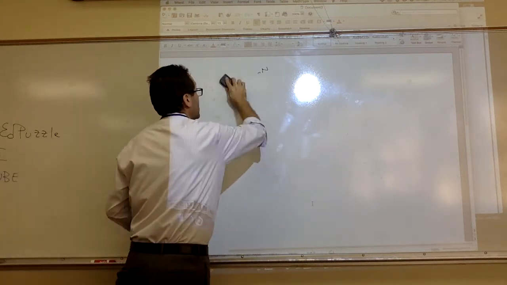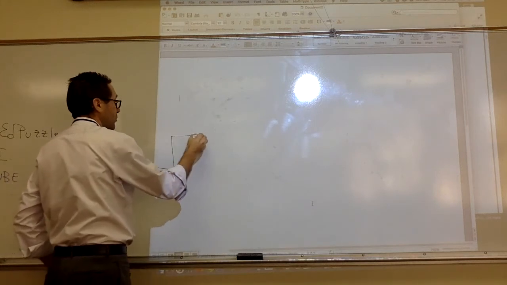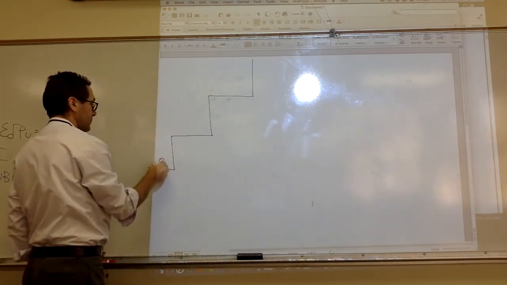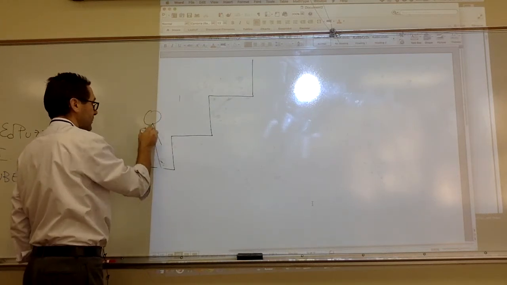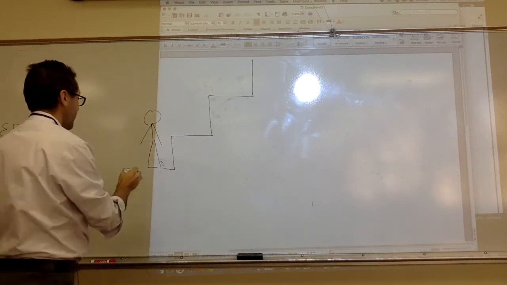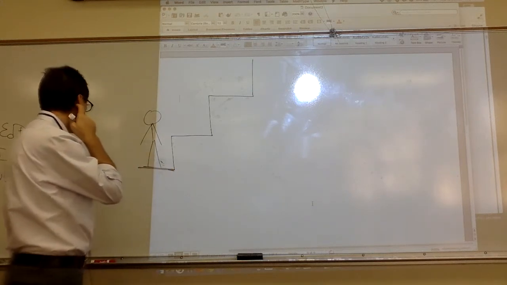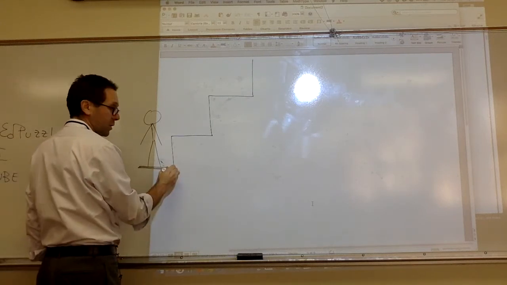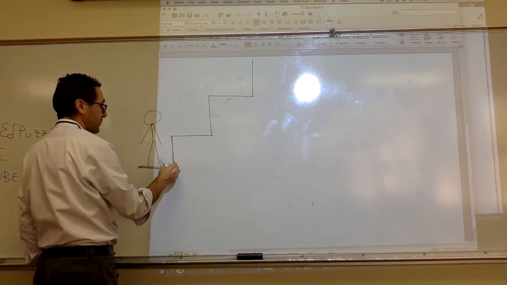Okay. Now let's do an example that you have to know for the lab. If I'm going up the stairs to the second floor, each time I go in this direction, I'm working against gravity. Each time I go in this direction, I'm not doing any work. I'm only doing work when I'm going in this direction.